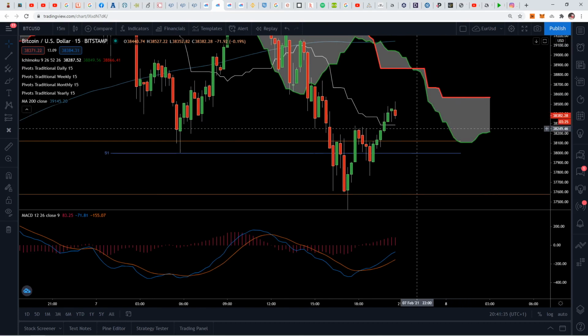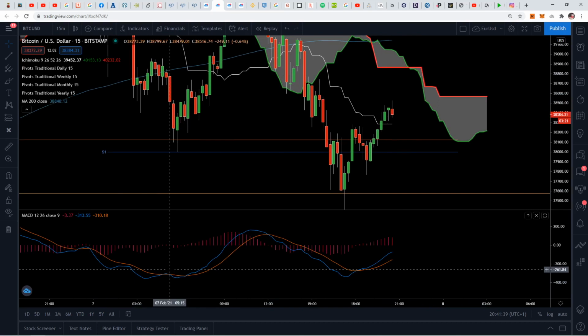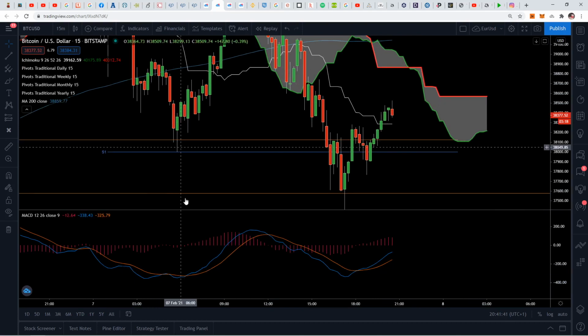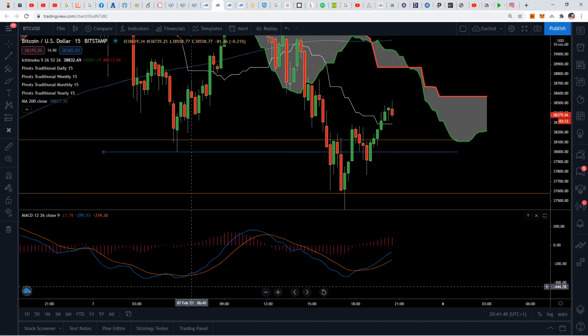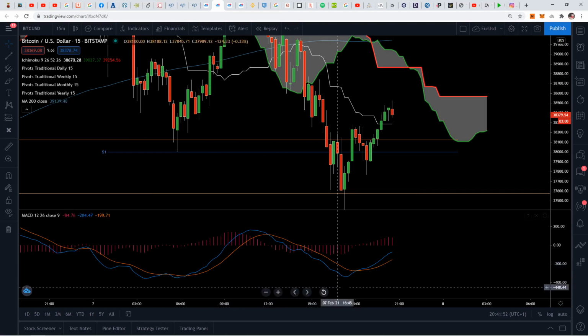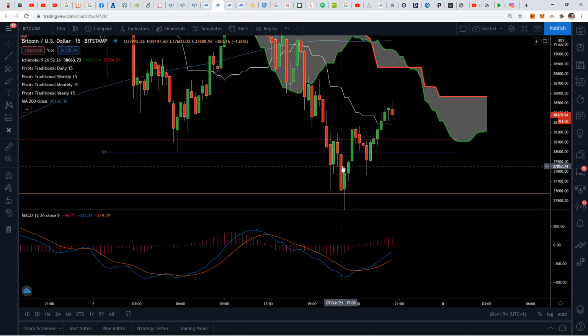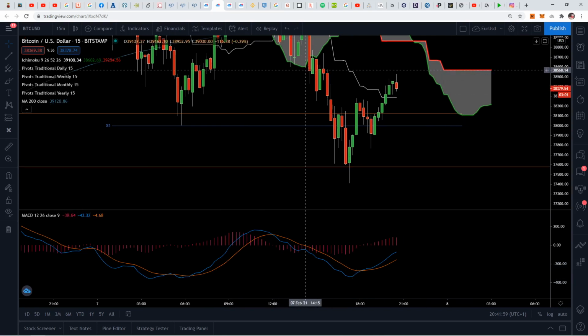Maybe we are. But my point here, if we look at the divergence, we have this low here, and then we have this quite more significant low here. But the indicator doesn't really come down to this level or below it, which would be normal when there is participation in this move down.